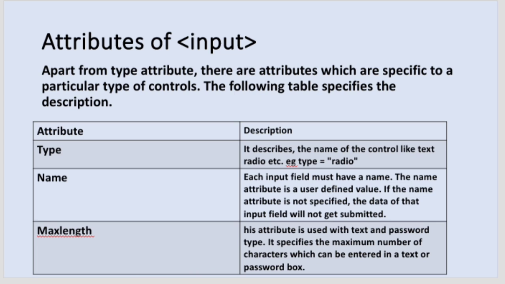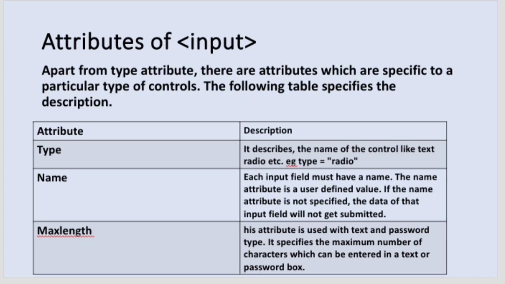Max length. This attribute is used with text and password types. It specifies the maximum number of characters which can be entered in a text or password box. Max length specifies the length of the text box, how big it is. It can be 30 columns or 50 rows, anything as the size required.